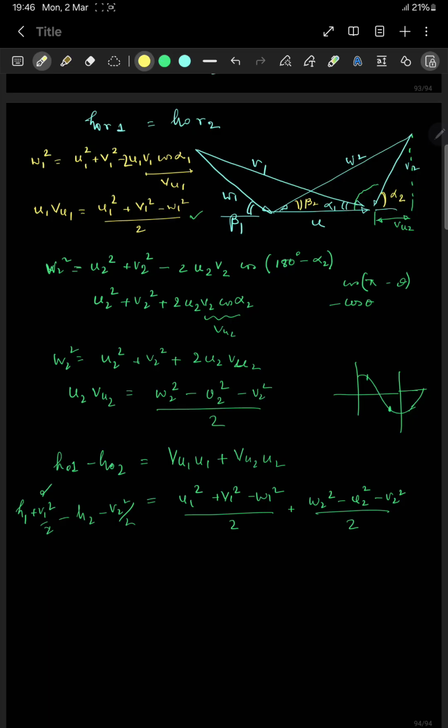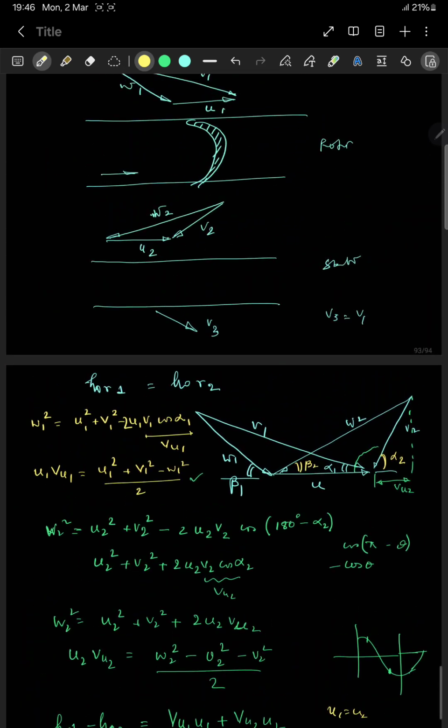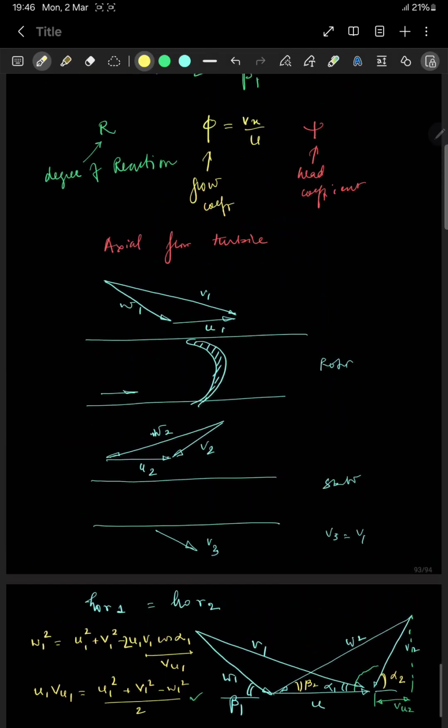We see that u1 and u2 cancel because u1 is equal to u2, because these velocity triangles are drawn at the same level. Let me draw this is the hub. This is the blade, let's say this is how the blade looks.